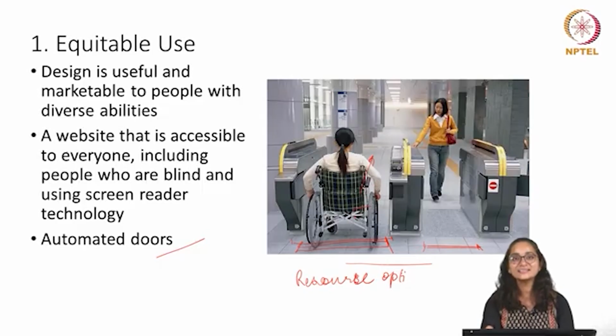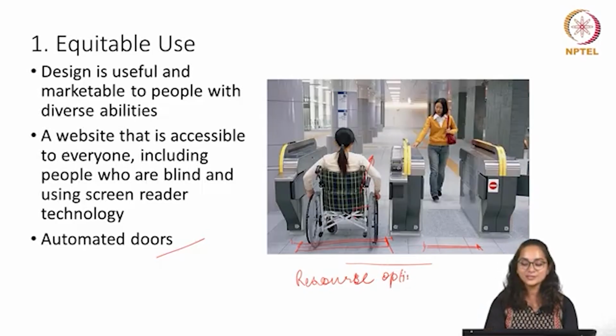That is the ideal definition of equitable use, but we also need to have a resource optimization approach. So mostly you would see, and this is very commonly seen in Delhi metro, in other metros around the country and around the world, that there are special passages which are wider for wheelchair access and other such users.